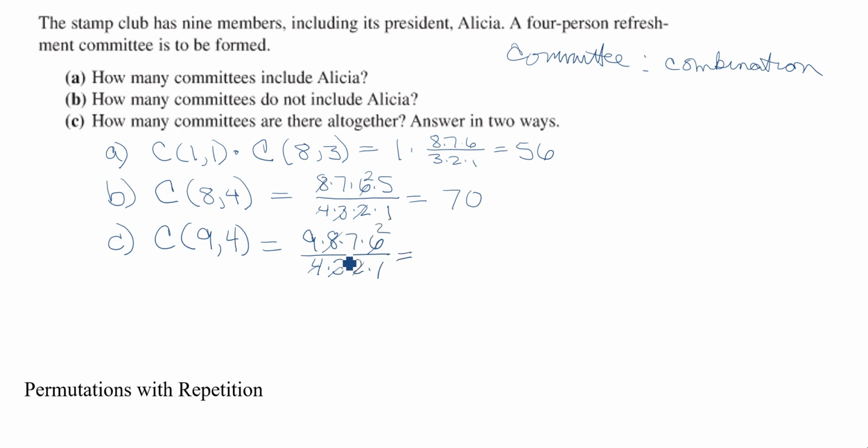And when I take 14 times 9, I get 126. Or I could say that there's 56 committees with Alicia, and there's 70 committees without Alicia. So altogether there's 126 possible committees.